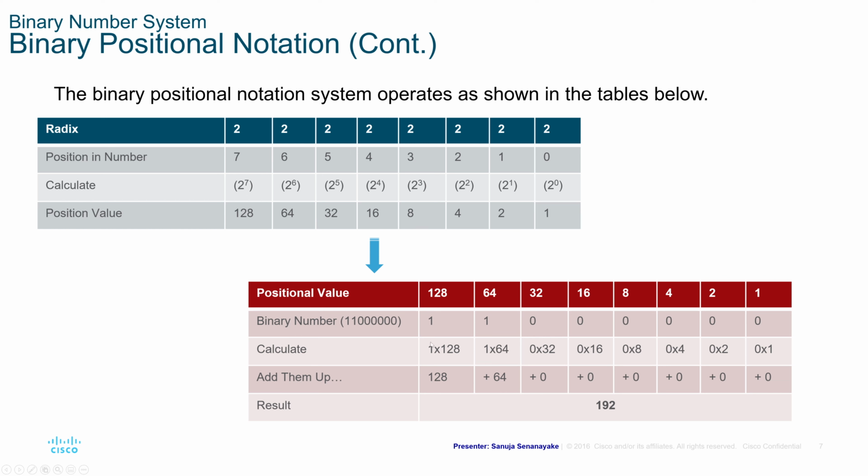And with the positional value, we can calculate this as 1 times 128, 1 times 64, and so on and so forth.